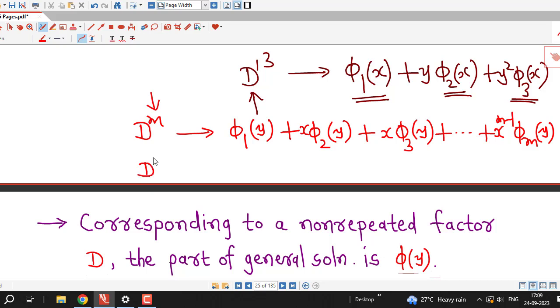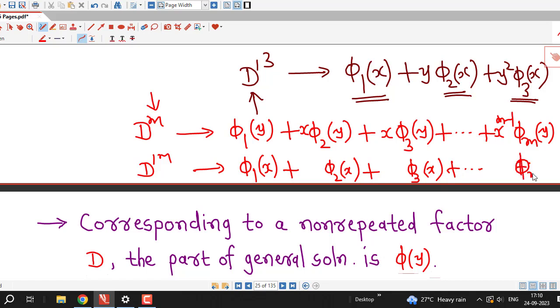And if I have D dash to the power m, then I will write down m arbitrary functions of x, say phi 1 x, phi 2 x, phi 3 x, and so on, phi m x, and I will multiply by powers of y up to the m minus 1th power.